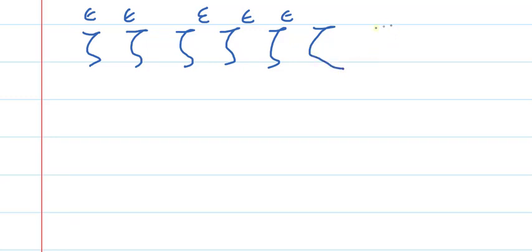Oh, yikes. So that's my zeta there. Eta. Act like you're going to do an N and extend it below the line. Okay. So eta. What comes next?